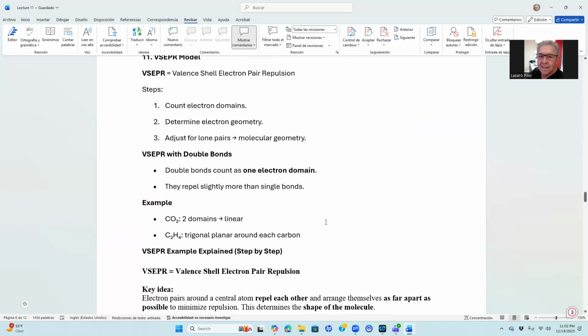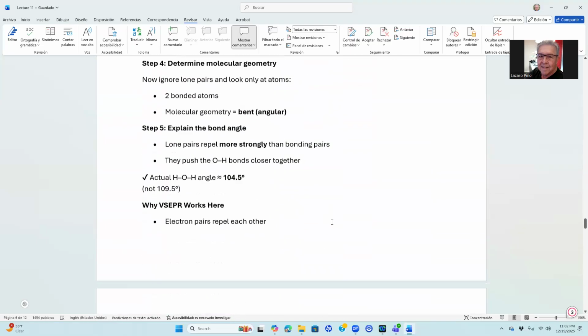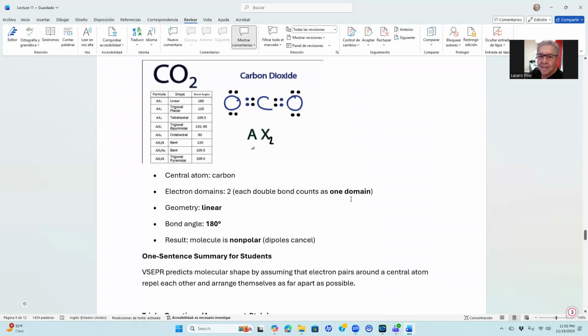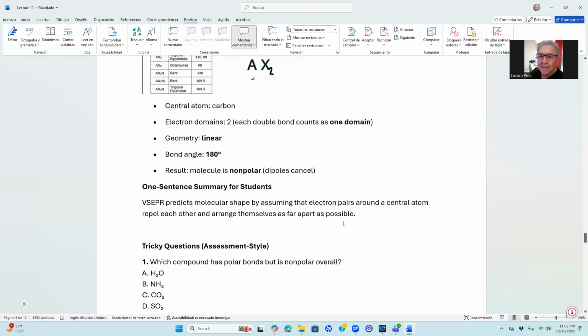So carbon dioxide is a linear molecule. Understand? And the bond angle is 180. Okay?